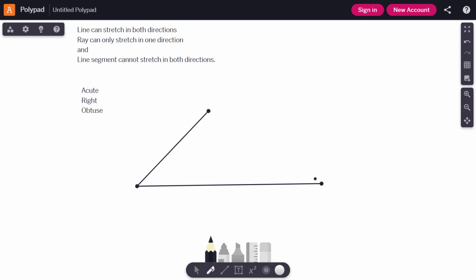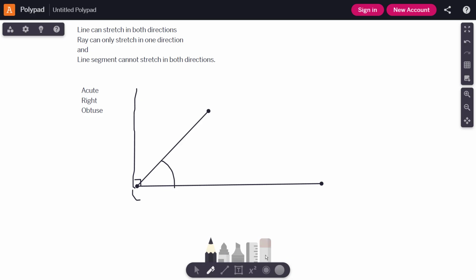For example, this is an acute angle. This is the angle, and this is smaller than 90 degrees, and 90 degrees is like this. Why do I label it in a square?